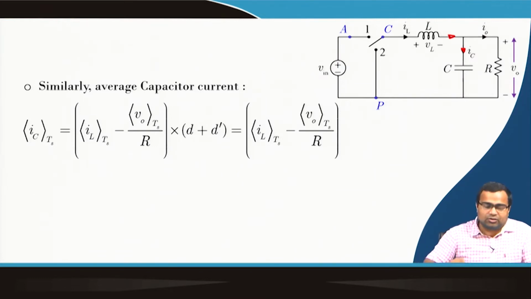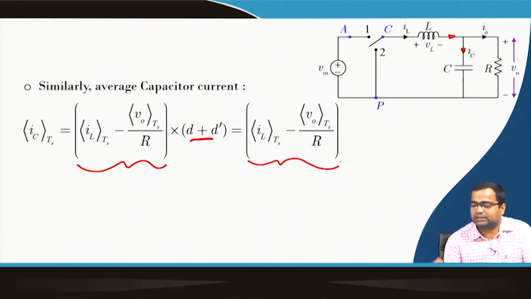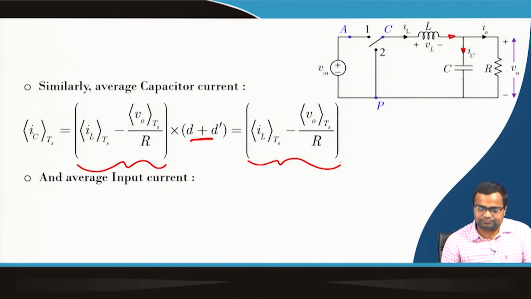Here the inductor is always connected to the capacitor, so it is common for both the on state and the off state. So we can take the average, and the sum of the duty ratios, which is 1, gives the average capacitor current expression.